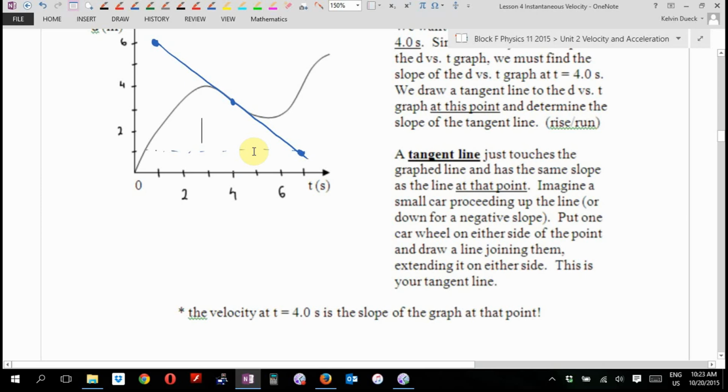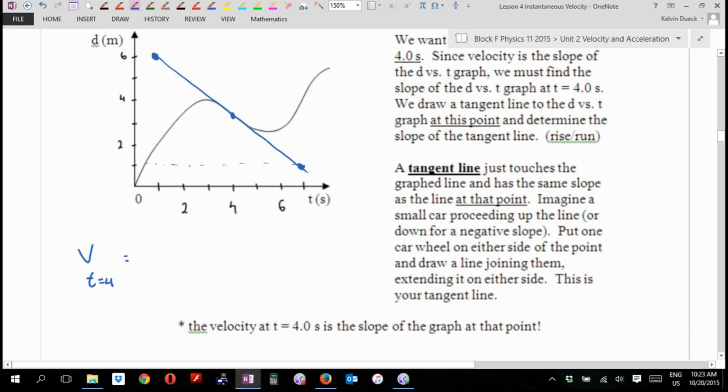What's the velocity at t equals 4? Well, first of all, negative or positive? Negative. I always put that in, because I've lost track of the number of times I've forgotten to put the negative in because I'm so concerned about doing the math, the rise over run. What's the rise? Well, how high am I right here in my graph? 6.